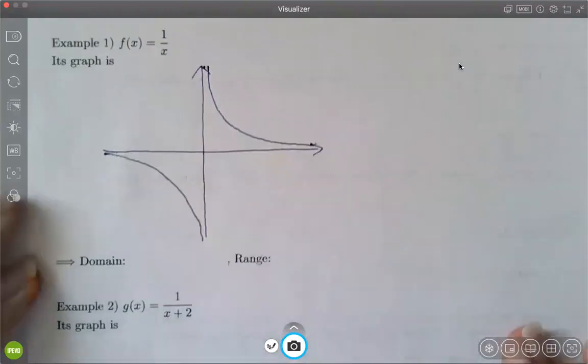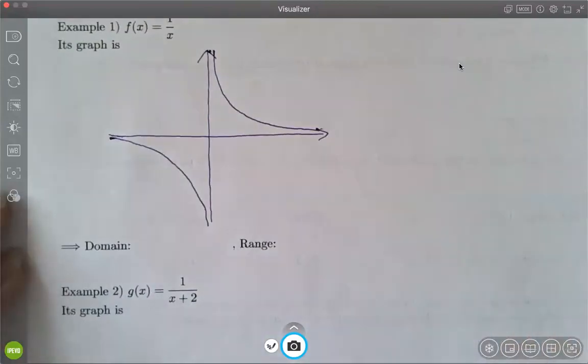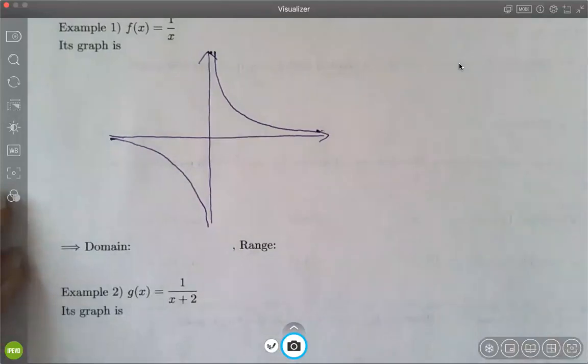So the domain, remember, means what? The x values, right? Okay, and since this is a rational function, we have to always think about what? The so-called bad values, okay? The values of x that make the fraction undefined. And is there any such x values?